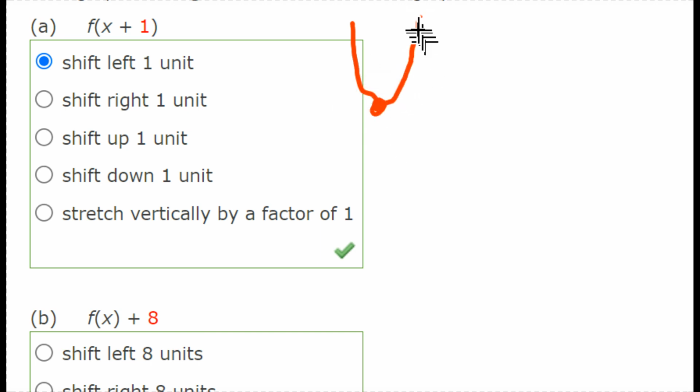If that's going to be the function f, and move it over.